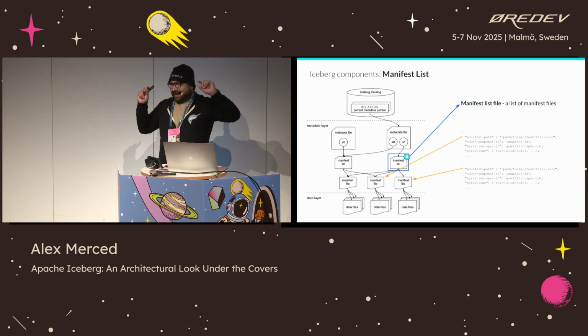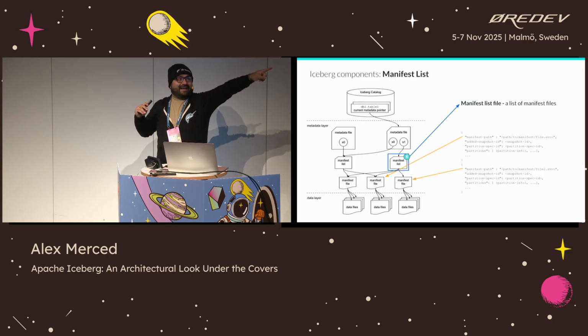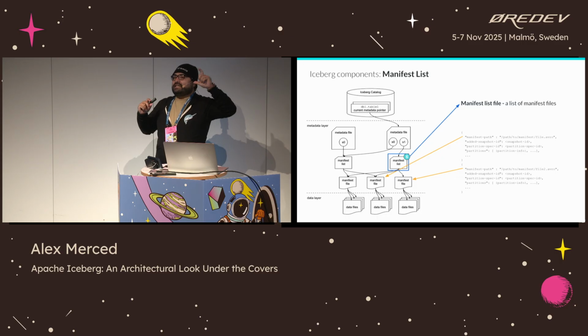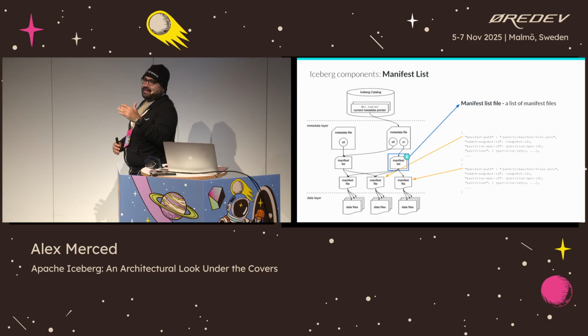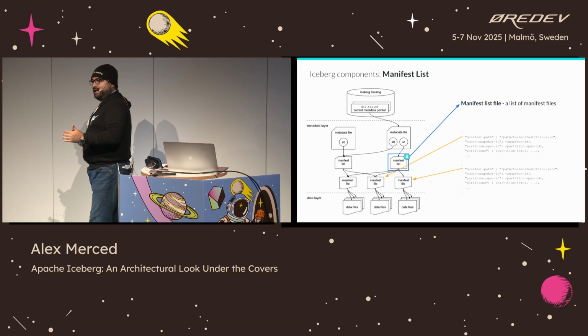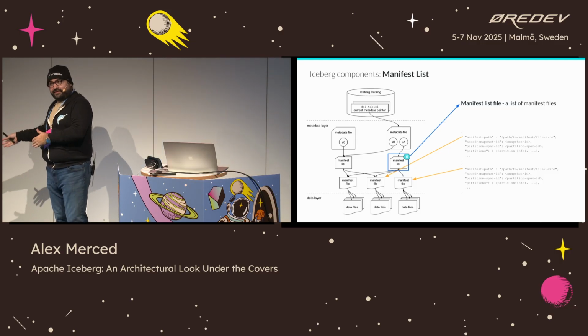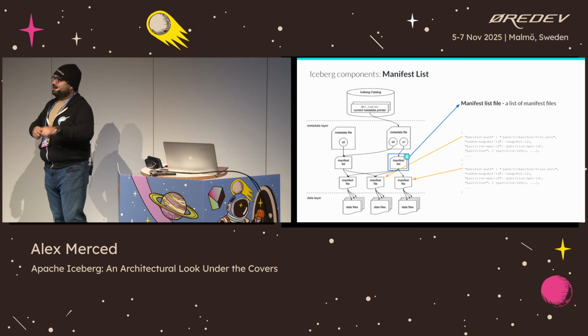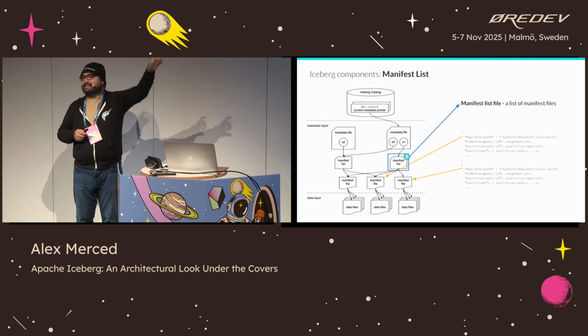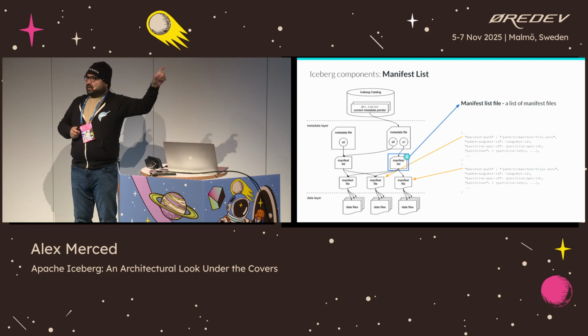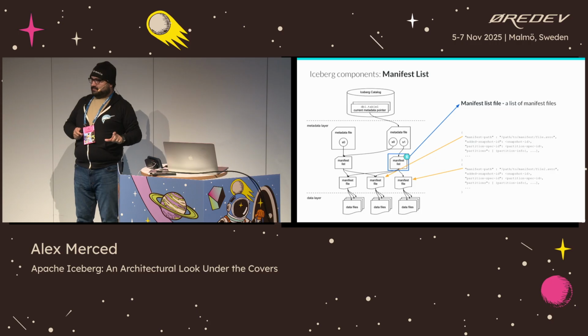The actual list of files is in the manifests. Each manifest lists a certain number of files, typically within a partition, and has stats on those files. Which of those manifests belong to this particular snapshot? That's where the manifest list comes in and says, these manifests belong to this snapshot.